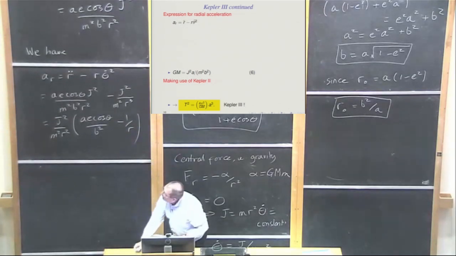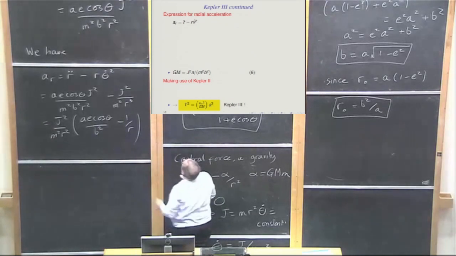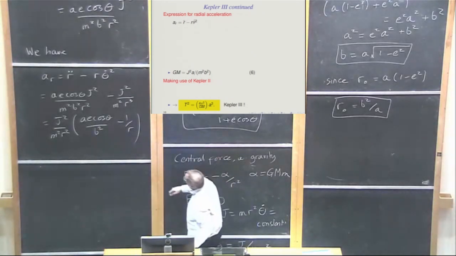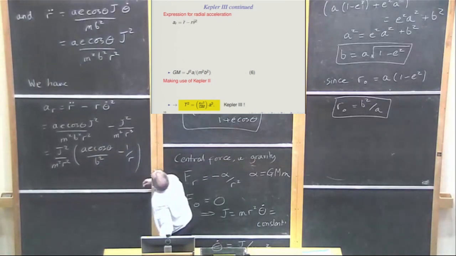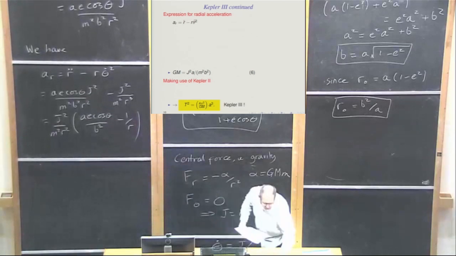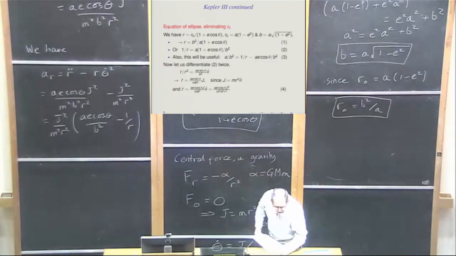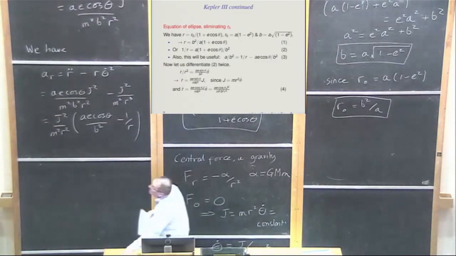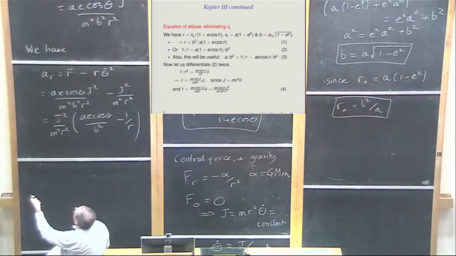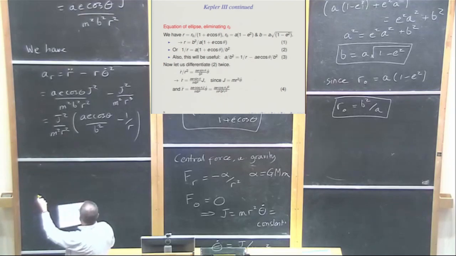At this point, you look at that and you say, this looks familiar, and it is true because, as I said previously, the expression's gone, let me put it up on the slide. We said that this will be useful, a over b squared equals this, right?